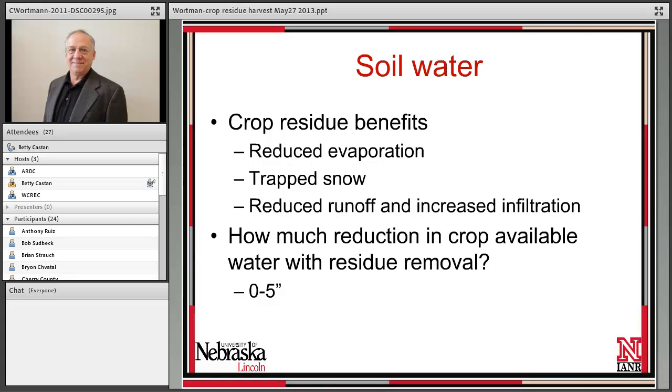Well, in southeastern Nebraska, in some years it's probably zero because we get enough rainfall in the spring to recharge our water and pretty much have a full profile. But there's been at least one case where it's been measured that we lost 5 inches in western Nebraska. The difference with good cover as compared to where the residue was removed was 5 inches of available water. So it is a concern.